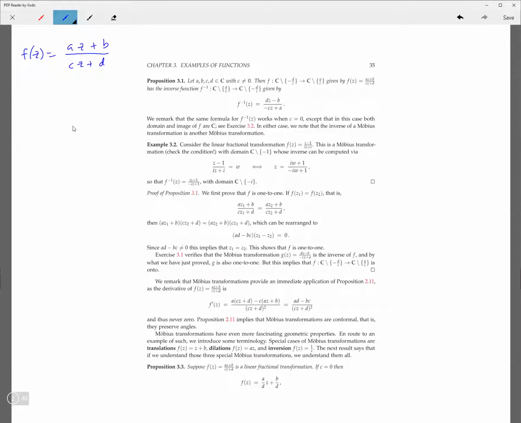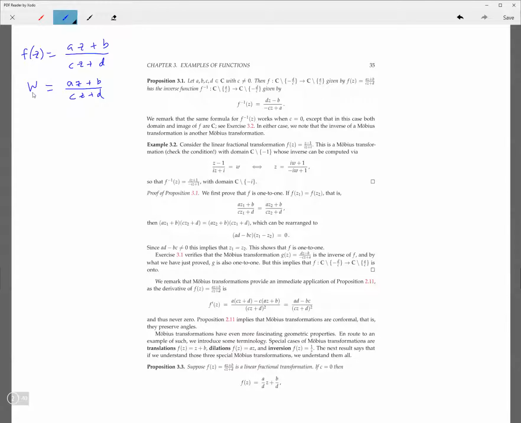Okay, now to find the inverse of a function, if it's y, then you change this to a y, right? But y is reserved for something else, so we change it to a w. So w equals az plus b over cz plus d.